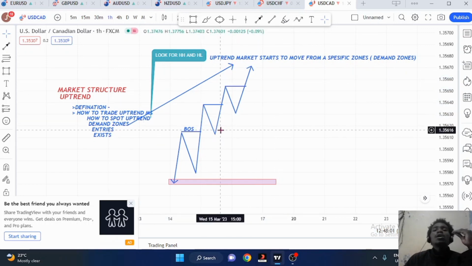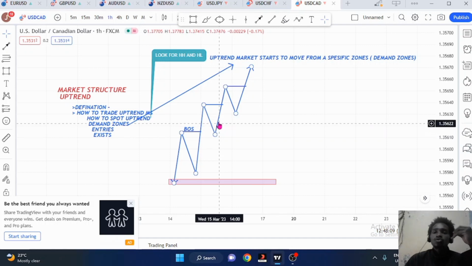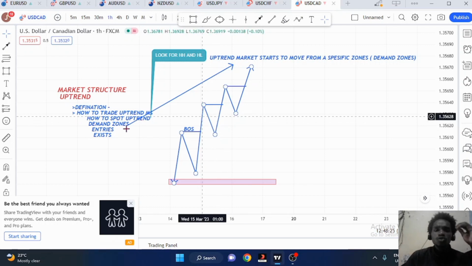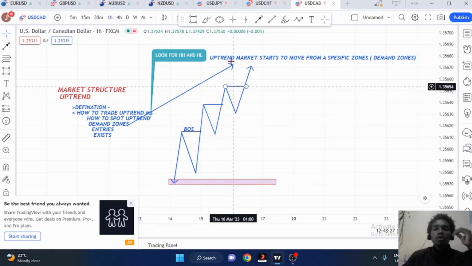Now, this is how you trade. This is how you are supposed to trade an uptrend market. First of all, know how to identify an uptrend move. Once you spot it, you must know a specific zone where the price will come back and start going towards its direction. How do you spot that? This is how the market moves.